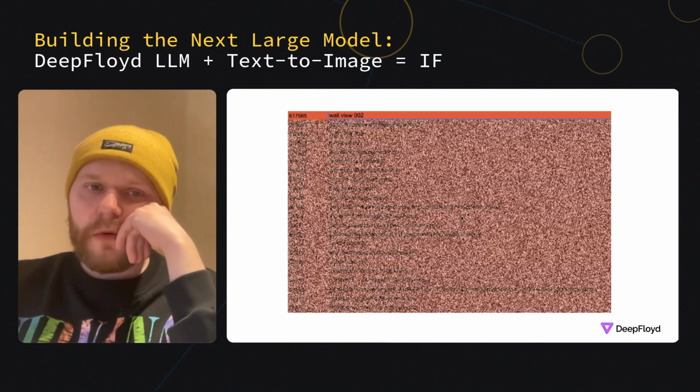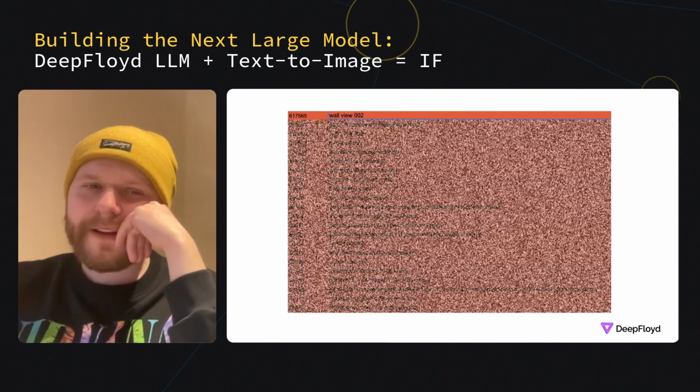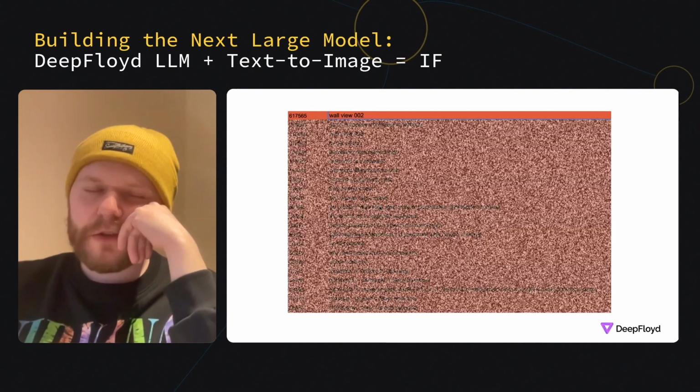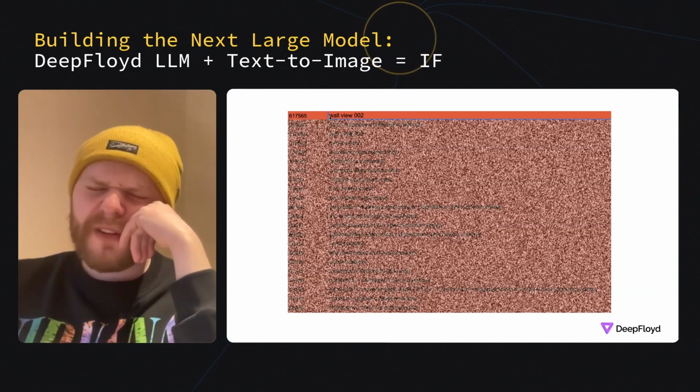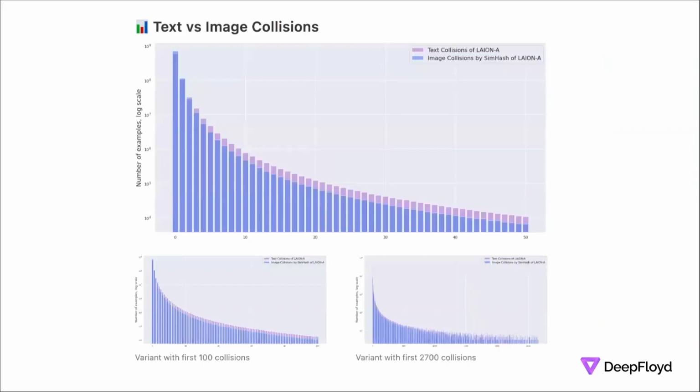I don't want to give you a lot of textual examples, but as you can see, the most popular textual description of the image that was deduplicated is value 2. Because of that, Stable Diffusion has been overfit on this image, and the behavior was very, very strange.